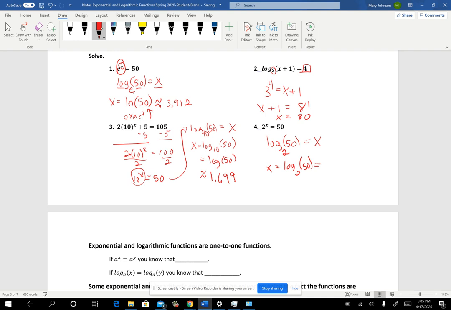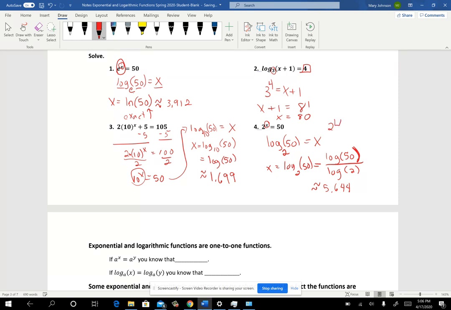So I have to switch it to log by doing the log of the top divided by the log of the base. Then don't forget to close the parenthesis when you evaluate this. If you do this correctly, it should be around 5.644.